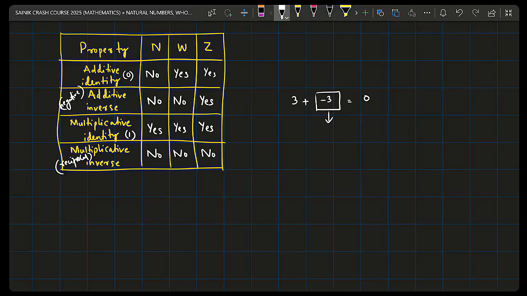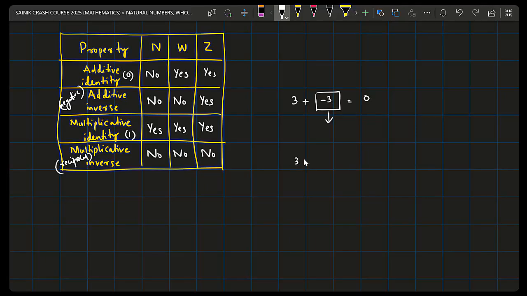Nishika. Any doubts? Yes, sir. Tell me. Sir, I didn't understand multiplicative inverse. Multiplicative inverse, that means suppose you take the same number 3.